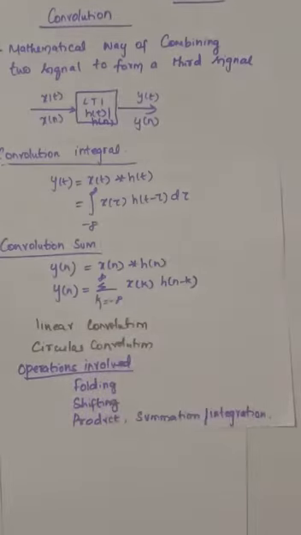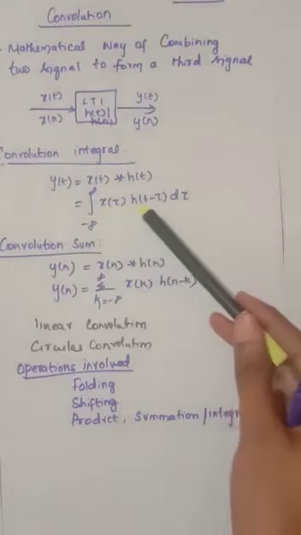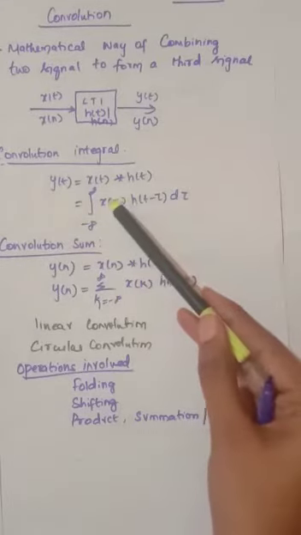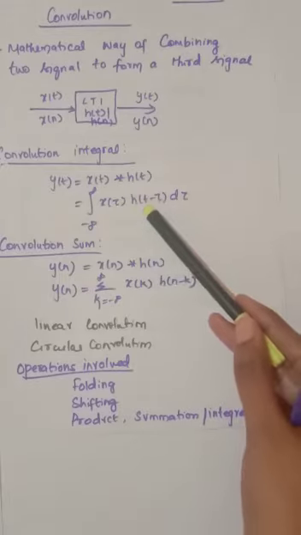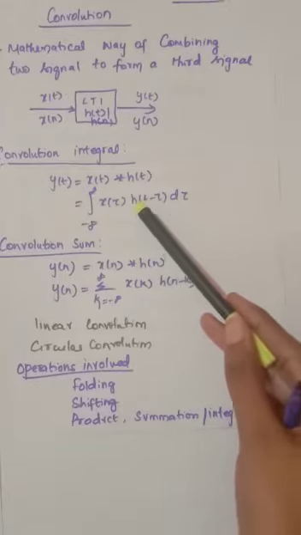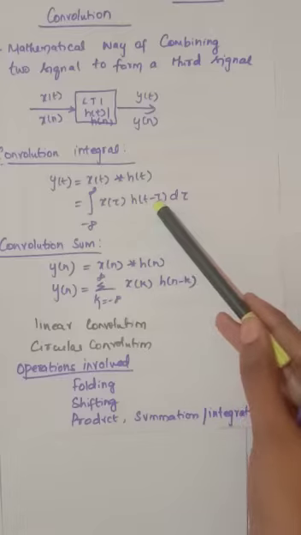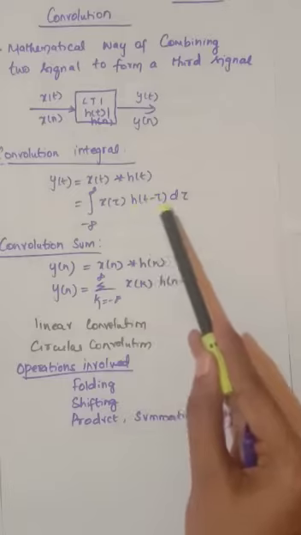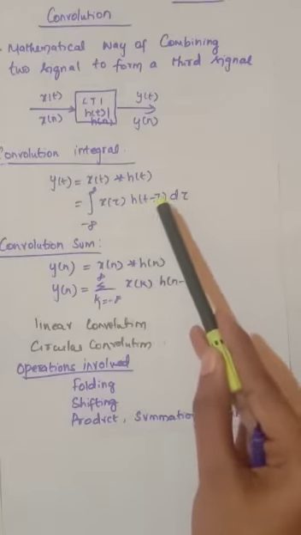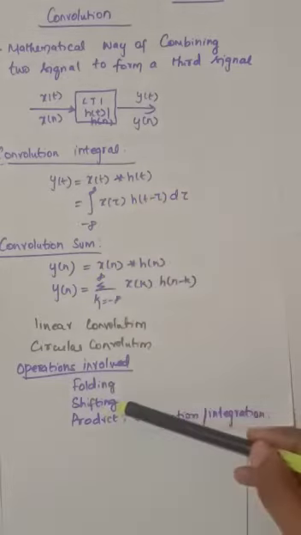Consider this convolution integral formula. When you see the integral formula, we need to keep one signal as such and perform shifting in the other signal. First we need to perform the folding operation. Then for h of t minus tau, we need to perform the shifting operation.